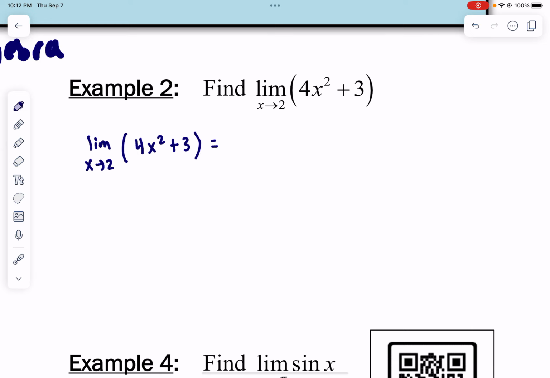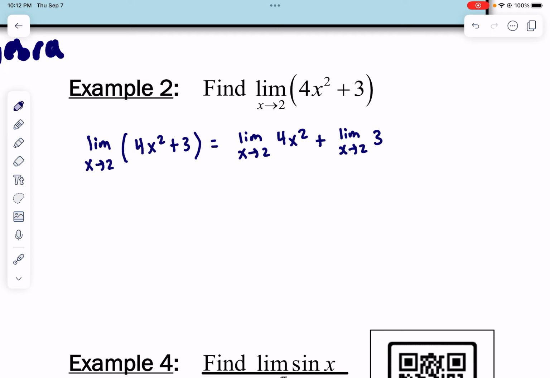And then if we go back to our properties of limits, using the sum property, we can distribute this limit into each one of these terms. So that is also equal to the limit as x approaches 2 of 4x squared plus the limit as x approaches 2 of 3.